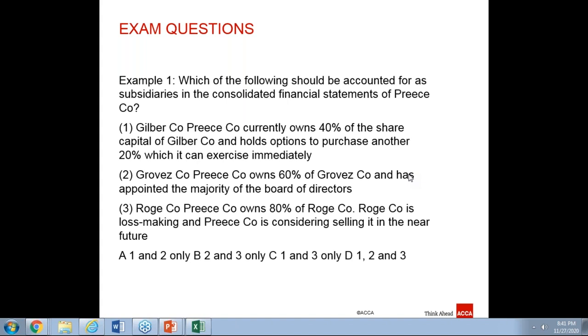So if it is exercisable right now, then you can acquire 20% new shares because of the option. So whenever you are calculating the percentage, you have to consider the current shares and the exercisable shares which you can exercise in the future. So actually, the parent company has acquired 60% shares in this situation. So that is why one is also a subsidiary. So these are the provisions of IFRS 3 and IFRS 10.